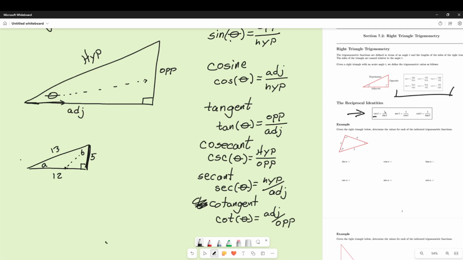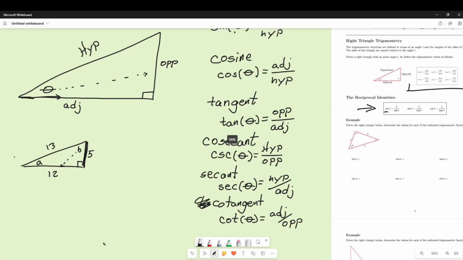It's the same as the reciprocal of our sine. Secant, the reciprocal of our cosine, and cotangent, the reciprocal of our tangent. So that is 6 relationships, 3 pairings, but each pair has 2 possible orientations.